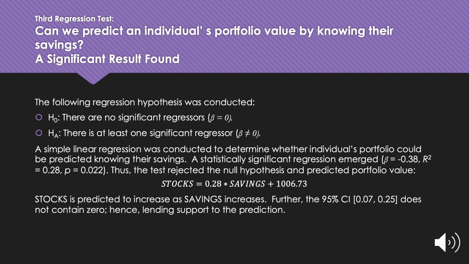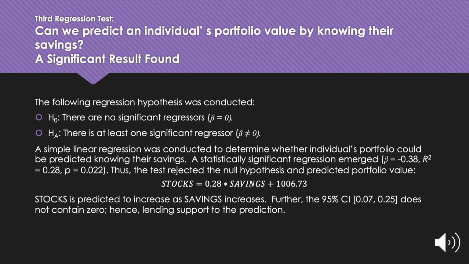A statistically significant regression emerged, with beta equal minus 0.38, r squared equal 0.28, and p equal 0.022. Thus, the test rejected the null hypothesis and predicted portfolio value, where stocks equal 0.28 times savings plus 1006.73.